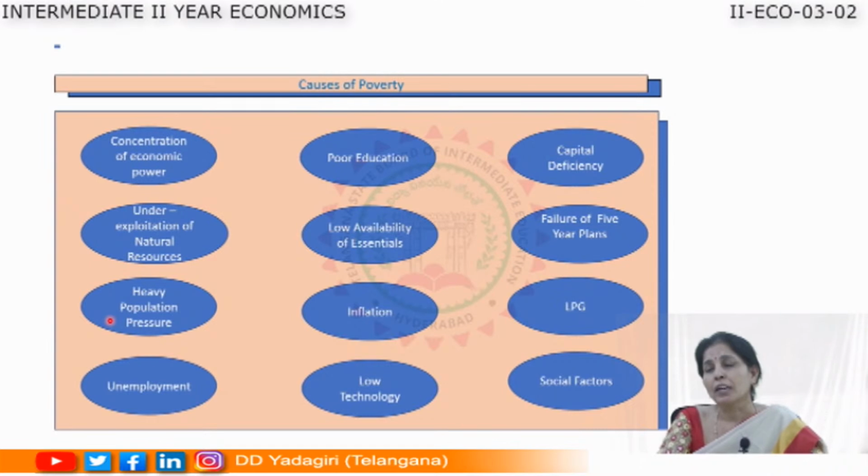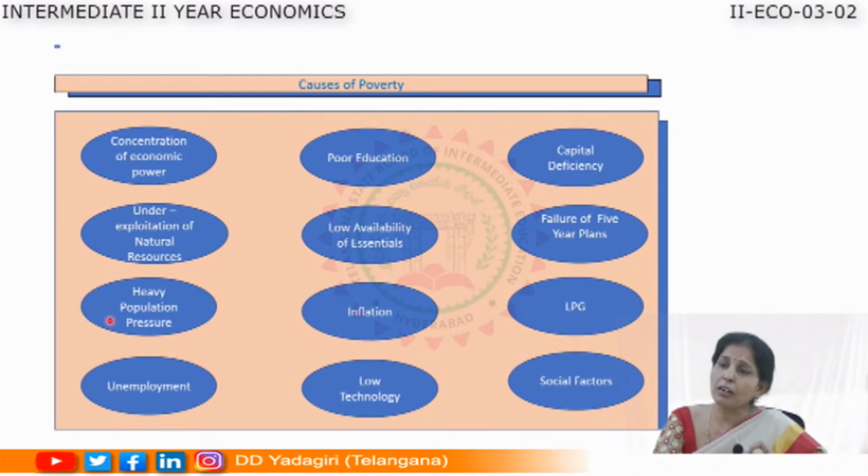The next one is heavy population pressure. India is in the second stage of demographic transition, where we have high birth rates and low death rates. The birth rate stays the same, but with all the efforts the government has taken, we could reduce the death rate.